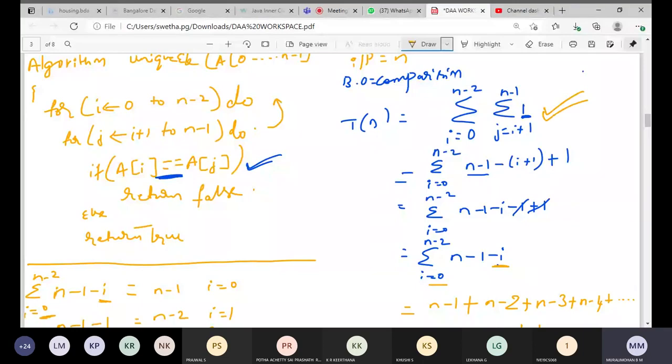Next, identify the basic operation. Next, identify the number of times the basic operation is executed. Next, build the summation expression. Once you build it, evaluate it by using either rules or summation formulas. Clear?